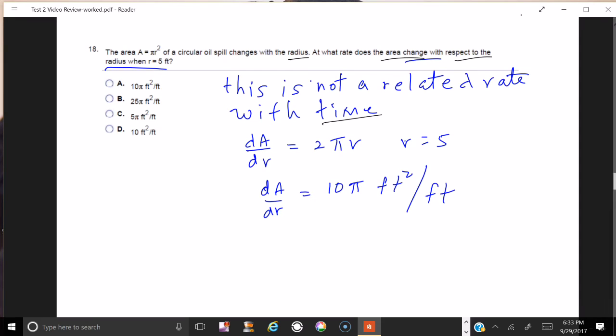So we just want dA/dr, which is the derivative of the area with respect to the radius, which is 2 pi r, and at r equals 5, we get 10 pi square feet, which is area per unit radius, which is feet. And that is answer A.